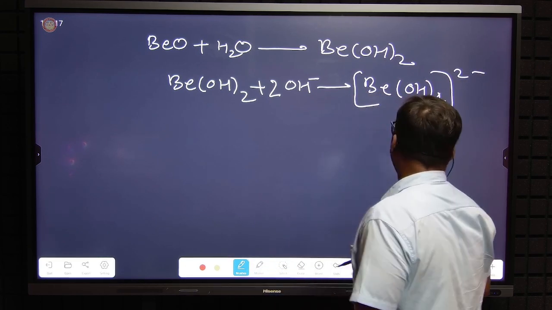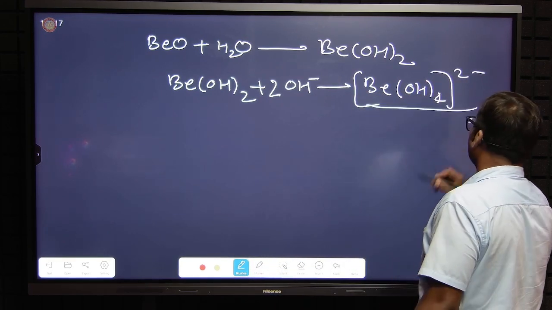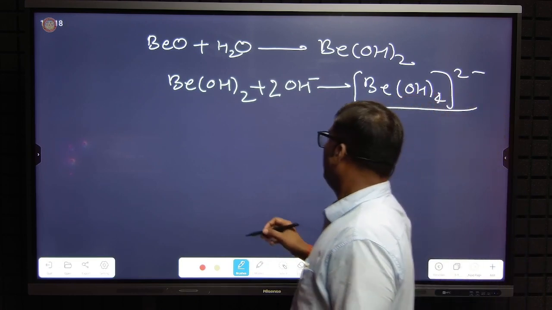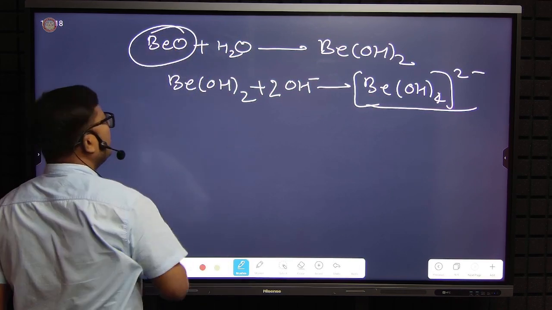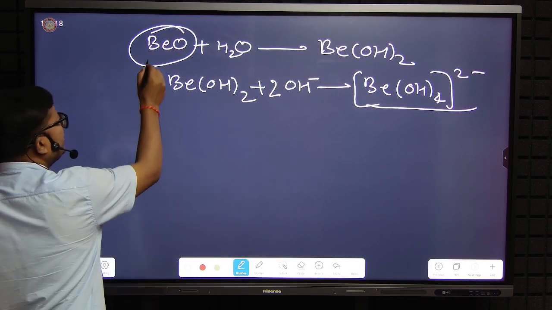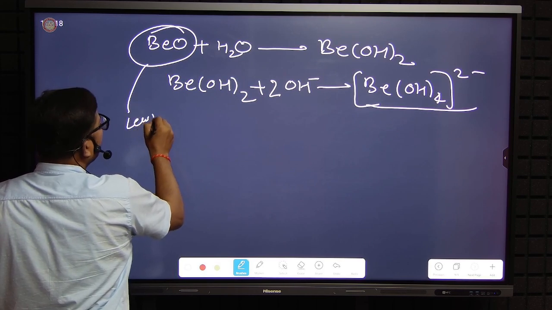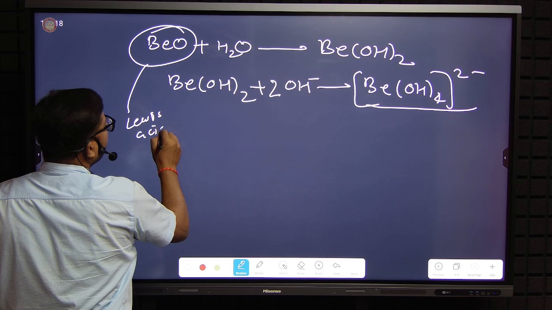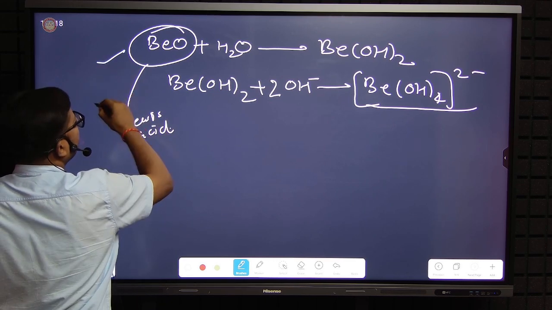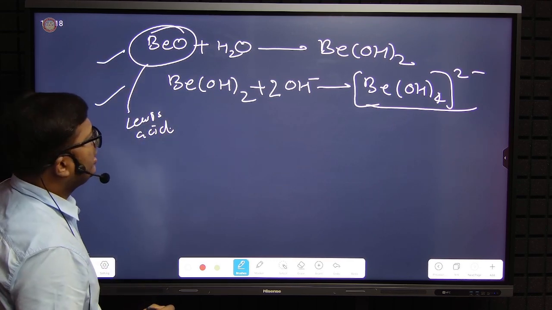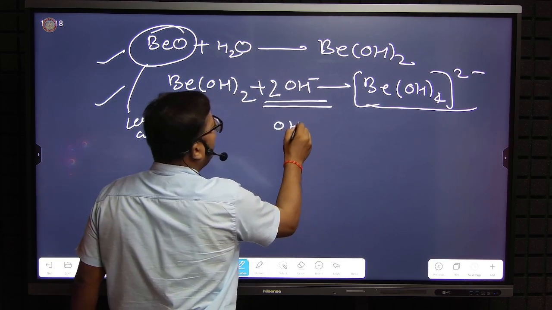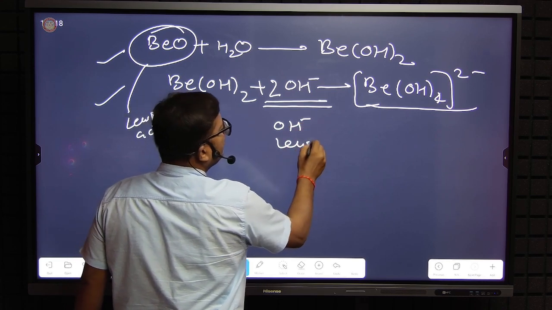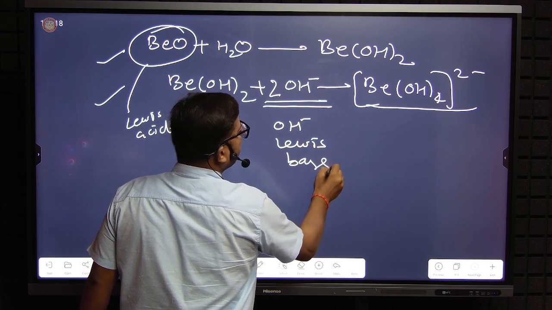This is your complex ion. So this beryllium hydroxide is acidic, a Lewis acid, and it can react with the Lewis base. This hydroxide ion is your Lewis base.